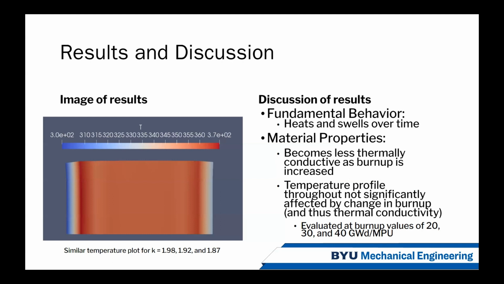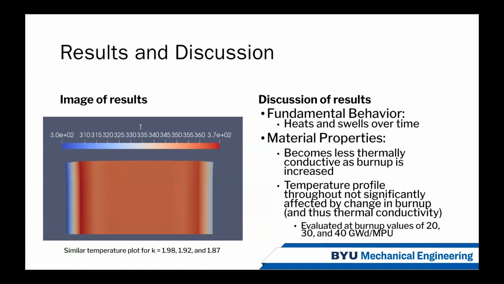As we varied the burnup between 20, 30, and 40 gigawatt days per MTU, which was a reasonable amount, the thermal conductivity didn't change by very much, and that caused the resulting plot to not be affected very much either.